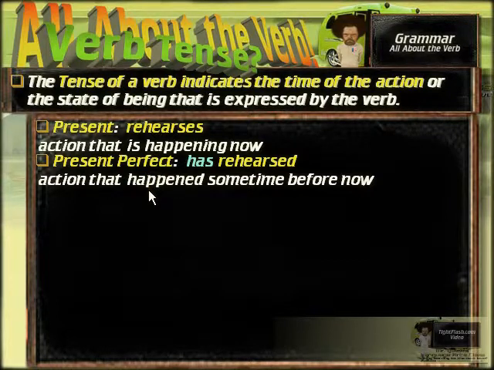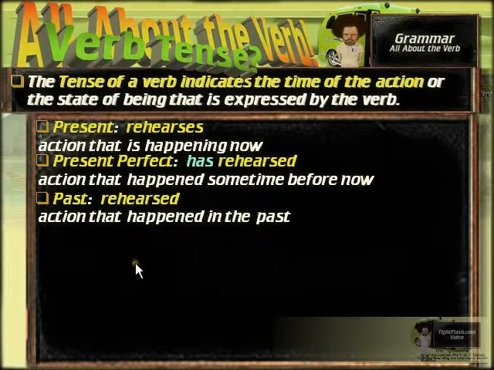Now this is the action that happened sometime before now. We're not quite sure when it happened, but we know it happened. So if you want to indicate that something happened before right now, then you couldn't just say rehearses or rehearsed, especially when you're not really sure about when the action took place. You want to say, has rehearsed.